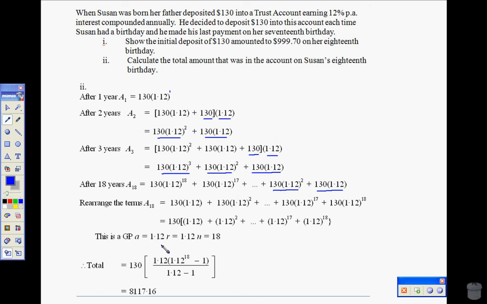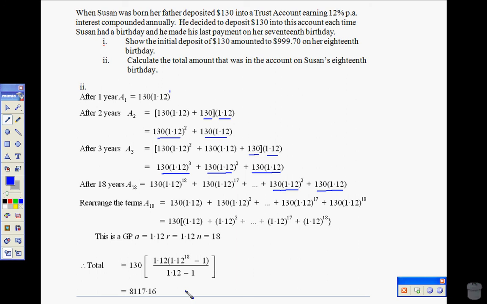So there's our data. We can apply the sum of a geometric progression. So we've got 130 outside of a, outside of r to the power of n minus 1 all over r minus 1. We can put that straight in our calculator.